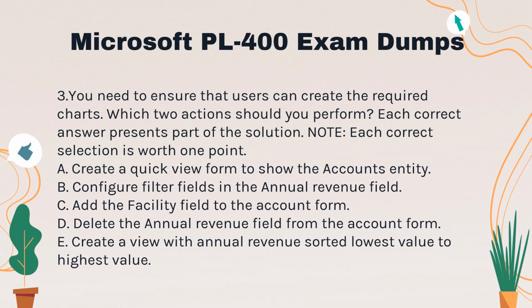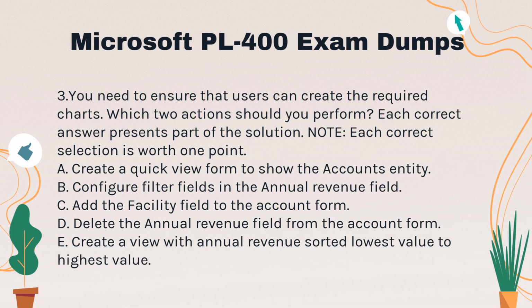3. You need to ensure that users can create the required charts. Which two actions should you perform? Each correct answer presents part of the solution. Note: each correct selection is worth 1 point. A. Create a quick view form to show the account's entity.